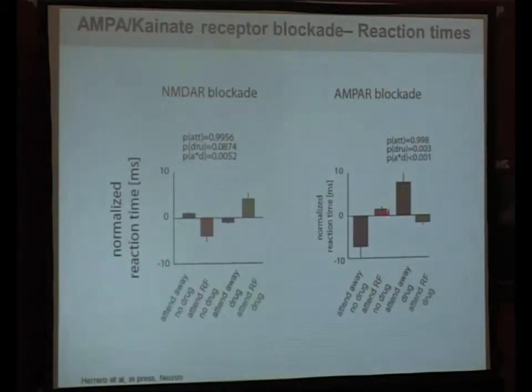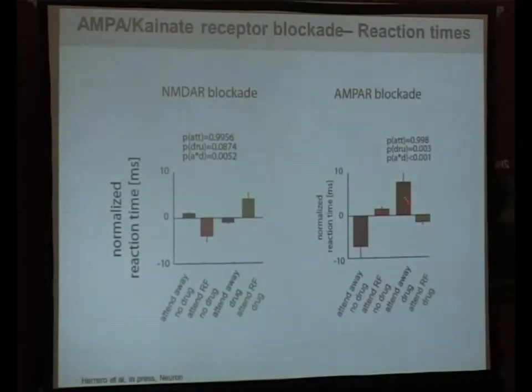Now we find that AMPA receptor blockade, if we just do the comparison between attend RF no drug versus attend RF drug, was not quite significant, but it touched on significance, the single comparison.